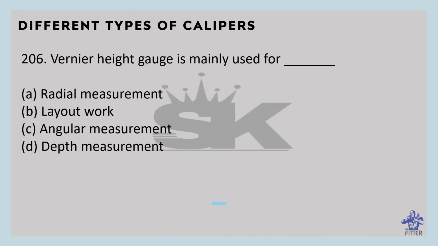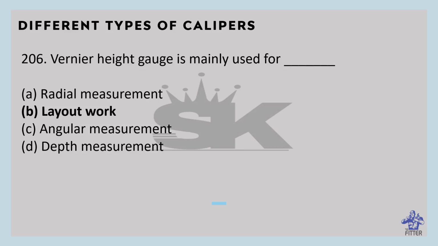The vernier height gauge is mainly used for layout work. Vernier height gauges are provided with both straight and offset scribers.